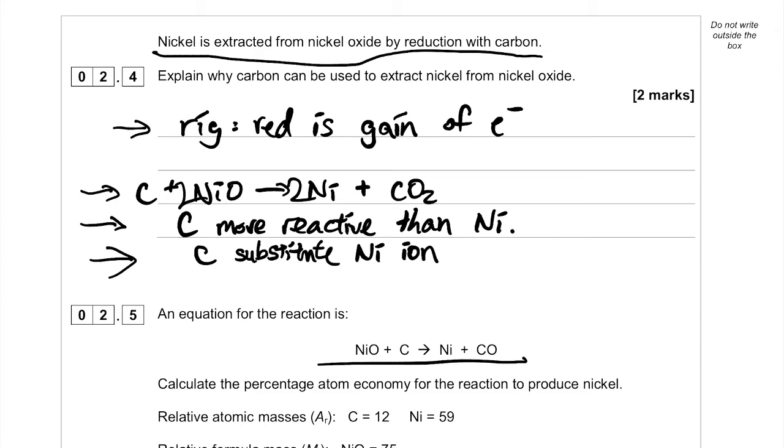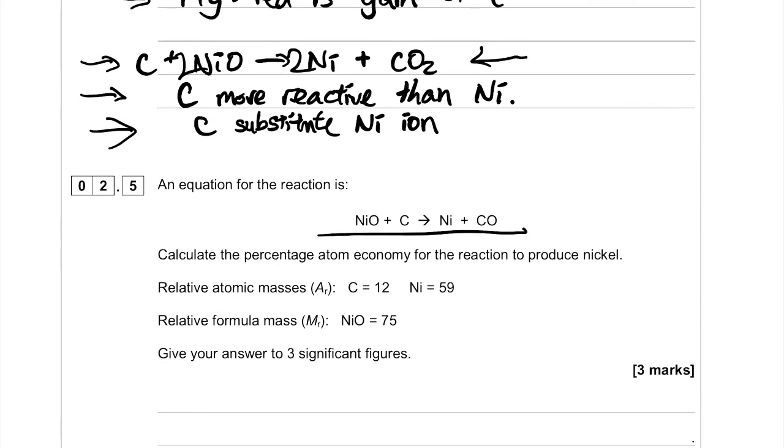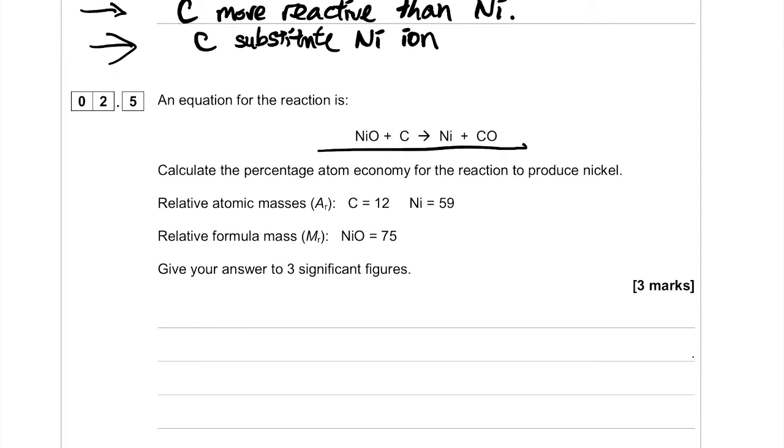If you can't get your head around this, you can always skip the first part and see if subsequent parts give you any more information. Now you have nickel monoxide plus carbon goes to nickel plus carbon monoxide, so you want to calculate the atom economy for the reaction.